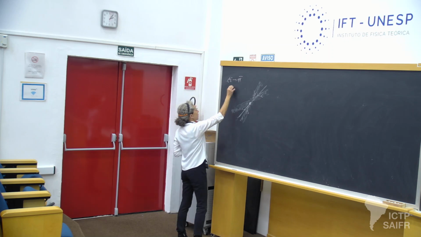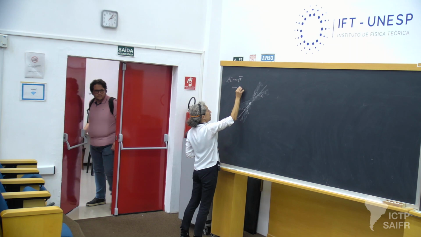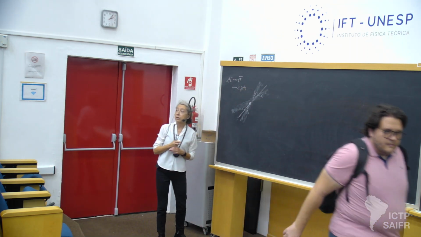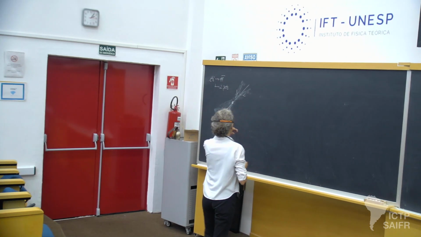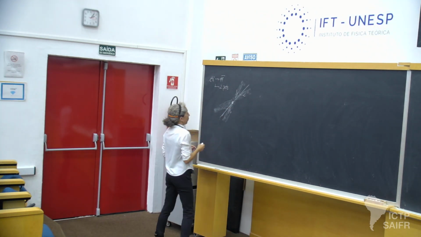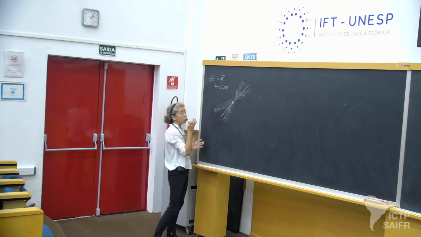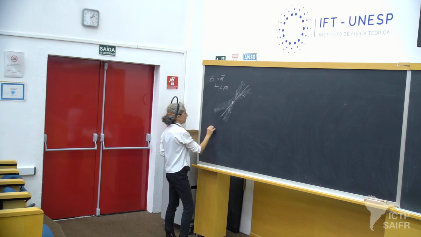This is really what makes this process one in which we normally say we have an event of e+ e- going into two jets. Now, what we did here was to calculate this process exactly at order alpha_s.